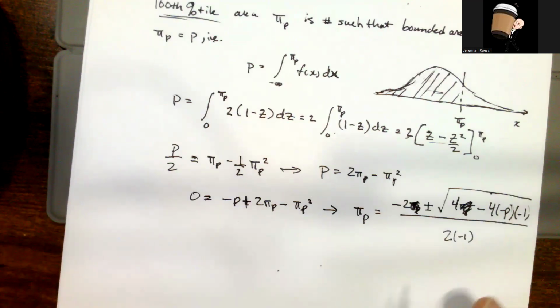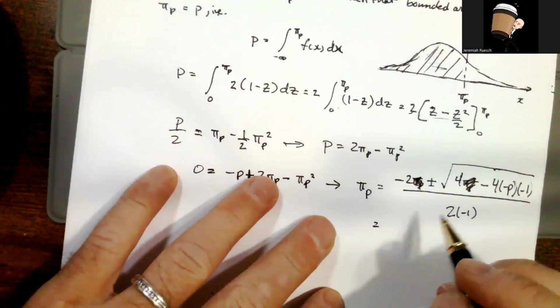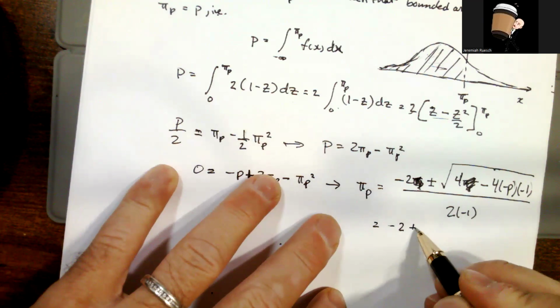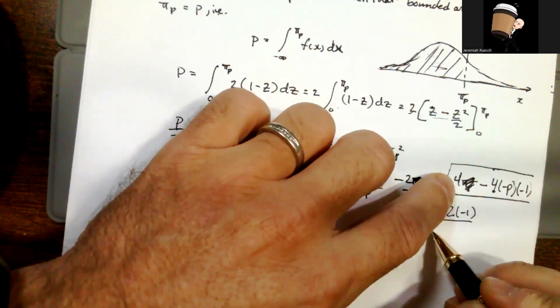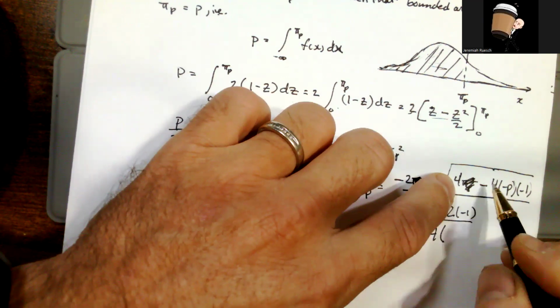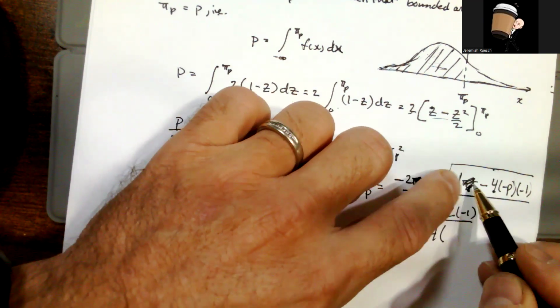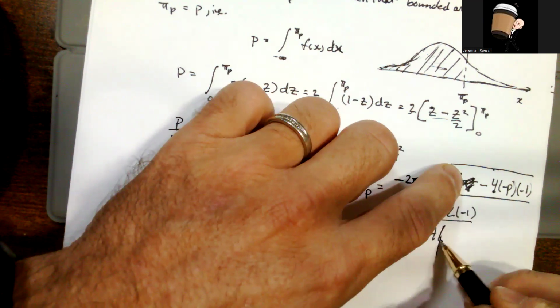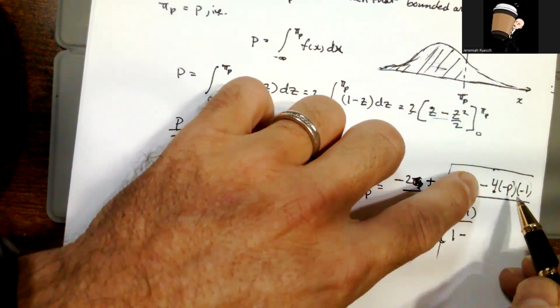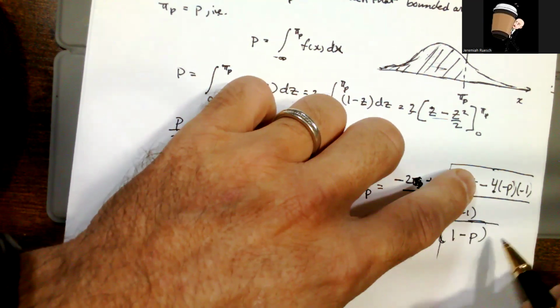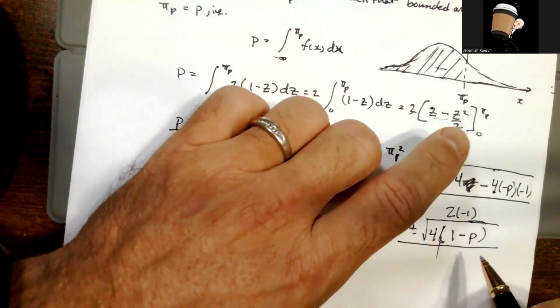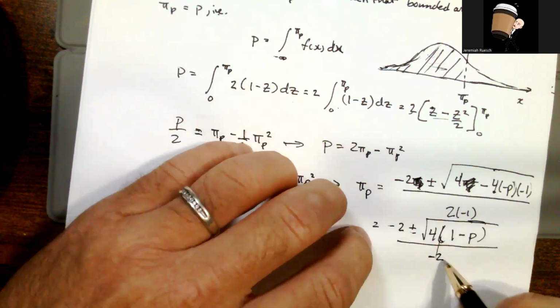Okay, so I guess we'll just finish it up. It's negative 2 plus or minus the square root of, and notice there's a 4 in common here, so I can factor that out. Then I have 1 minus p, all divided by a negative 2.